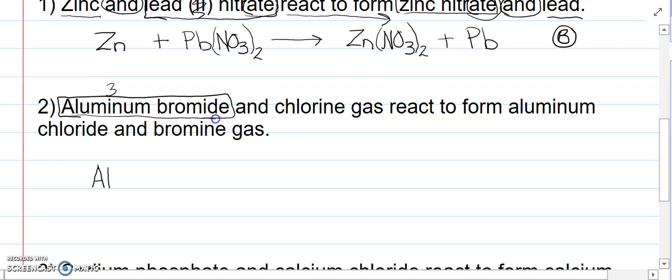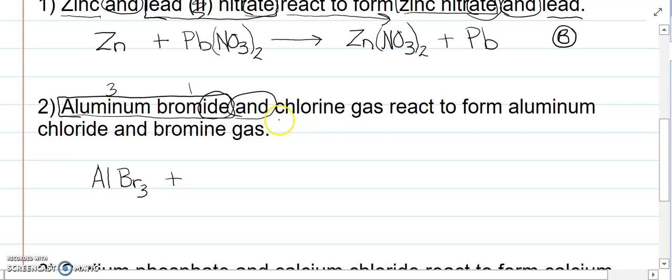And my endings, so bromide is just going to be bromine. That has its own charge. It's going to be a 1- charge. Those charges are going to switch, so the 3 from aluminum is going to go to bromine. And I don't care about the 1, so it's going to be AlBr3. And that is going to be my plus sign.